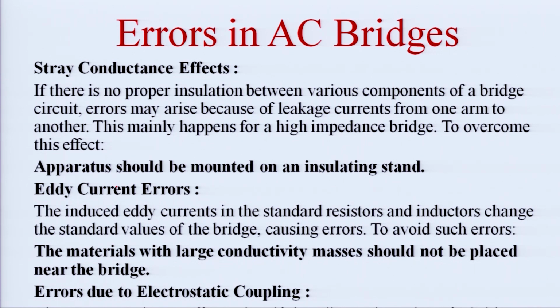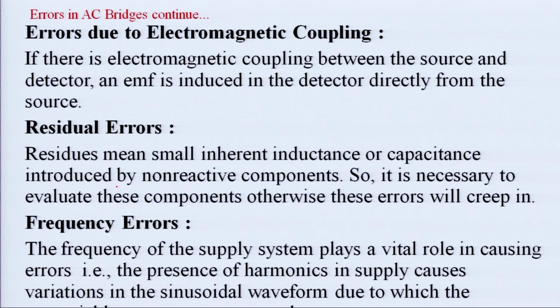When there is a capacitance, there is electrostatic coupling, and because of that there is electrostatic loss. Similarly, there is error due to electromagnetic coupling, where the source and detector cause an EMF to be induced directly in the detector. There is also residual error and frequency error. Frequency error means that if there is variation in the sinusoidal waveform or otherwise, there is a frequency error.